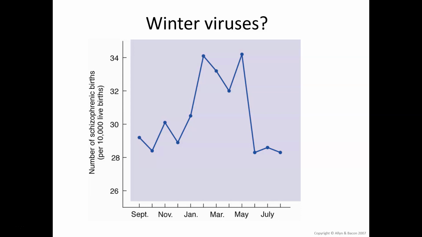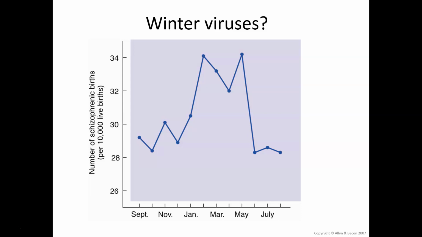Viruses are more easily transmitted because there's more people. Research has taken blood samples of pregnant mothers whose children later developed schizophrenia, and they found that the samples contained higher levels of proteins produced by white blood cells, which indicates that the mothers were fighting an infection at the time.